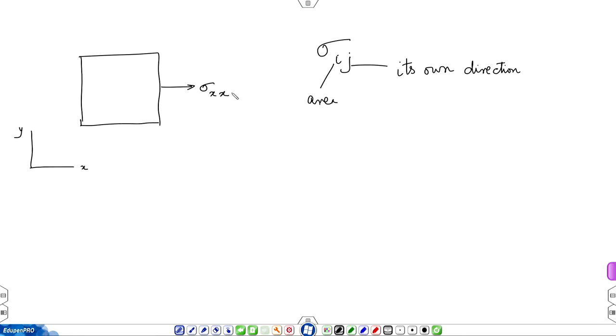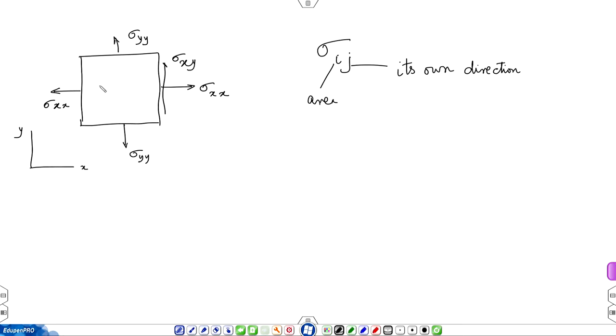And then we had tau. So, on this x face in the y direction, it is sigma xy. Okay. So you can similarly show, okay, so this is also sigma xx, this is sigma yy, sigma yy.